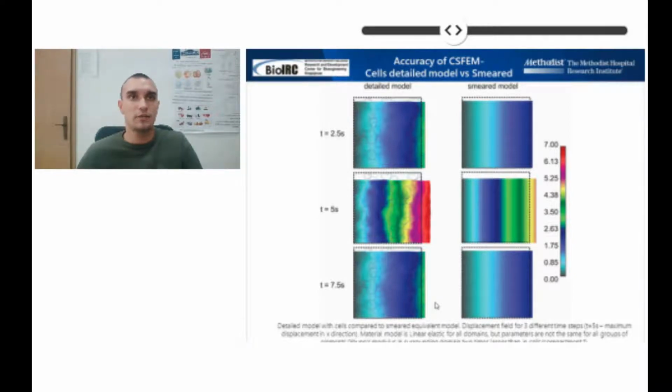This was done in order to try different material parameters for different types of cells and to avoid unified material parameters. We have here a reasonably good matching between the detailed model and smeared model results for every presented time step. And this is something that should be investigated and improved in future.